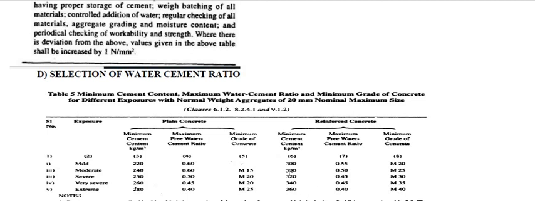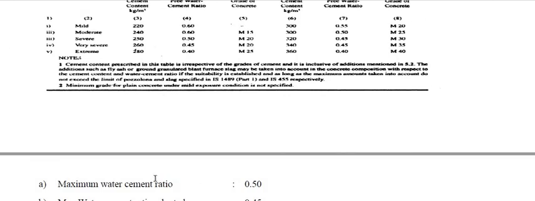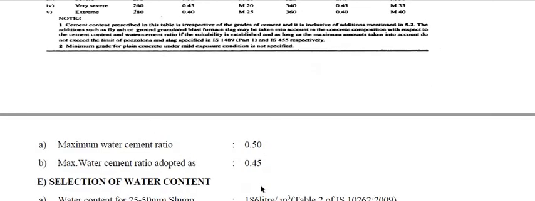Then minimum cement content, which I already mentioned in the stipulations, is 300 kilograms per meter cube of concrete. Then maximum water cement ratio is 0.5. I have taken the water cement ratio as 0.45, which is less than the maximum.